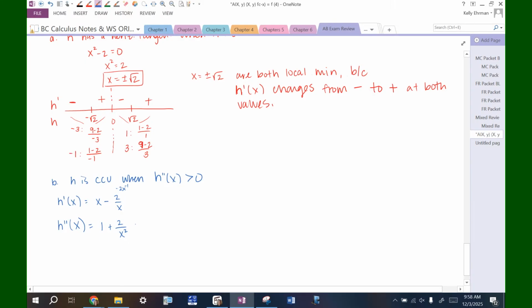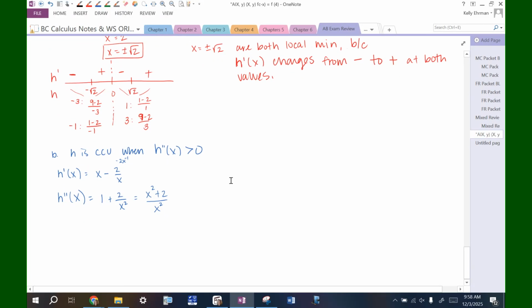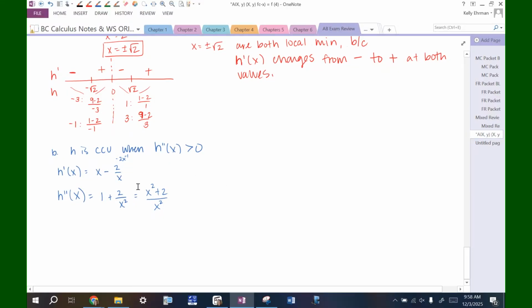And I like to get this into one denominator so that it's easier to set equal to 0 or not equal to 0, whatever. All right, so we have this. And when is h concave up? It would be when this is positive. And really, this is always positive, except remember, we can't plug in 0 into this.